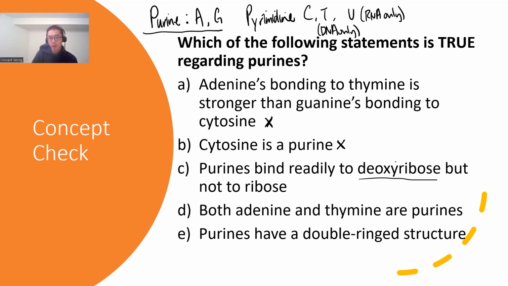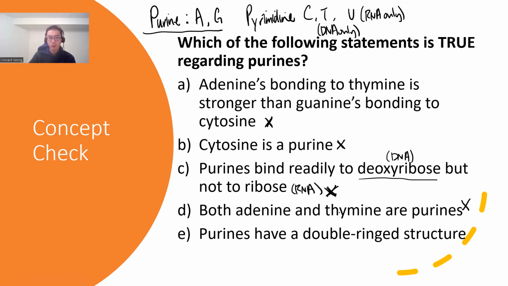Of course, deoxyribose is DNA and ribose is RNA. So basically what this is saying is you will find A and G in DNA, but not RNA. But that simply is not true, right? You will find it in both cases.